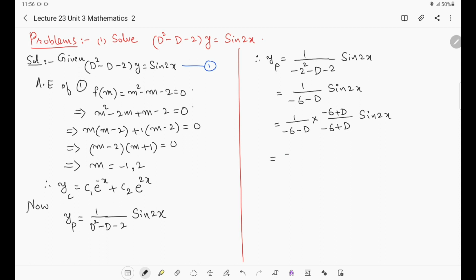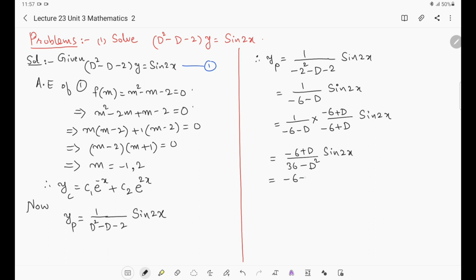Then what will happen? In the numerator we will get minus 6 plus D, but the denominator will become, this is in the form of a minus b into a plus b. So, what we will get here? A square minus b square. So, minus 6 whole square is 36 minus D square we will get, right, into sin 2x.